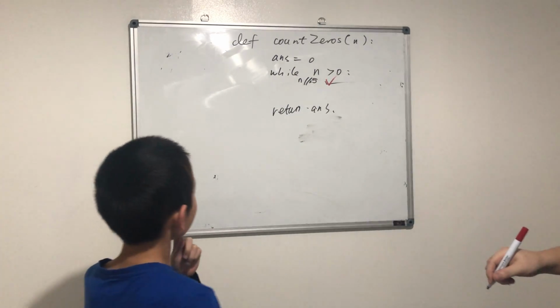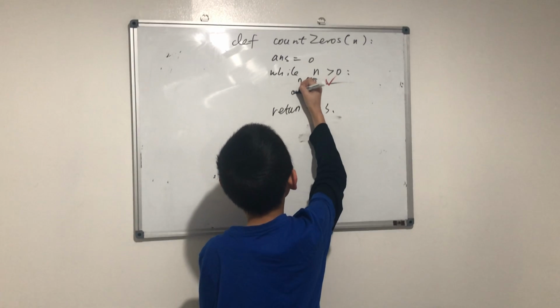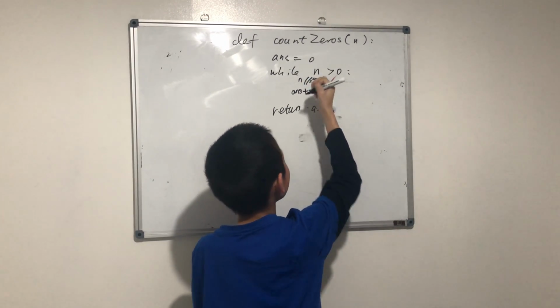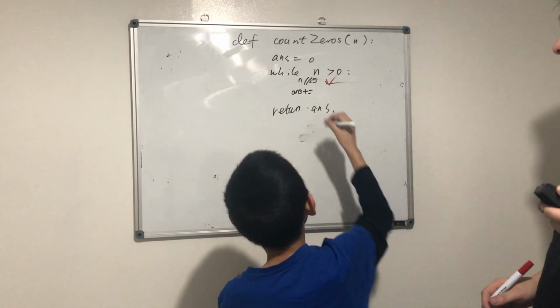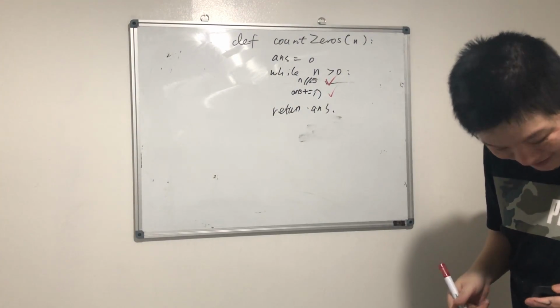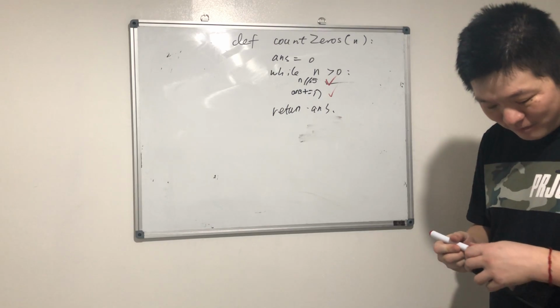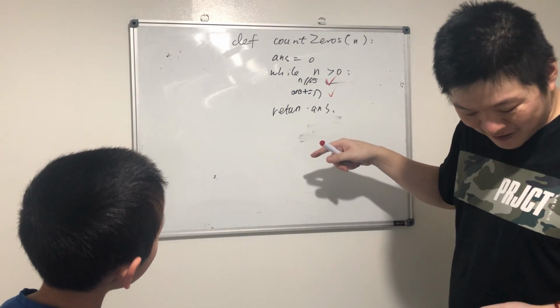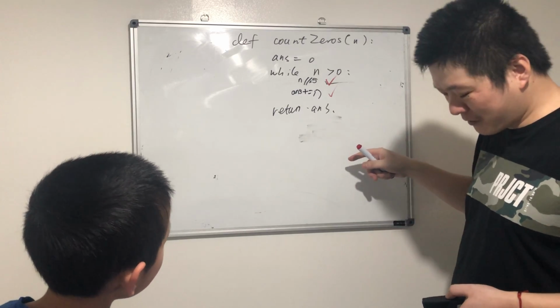How do you write it? Answer equals... N. Wow, well done. You want the challenge? You can look it over, and then how about this one? Okay, 1, 2, 3.